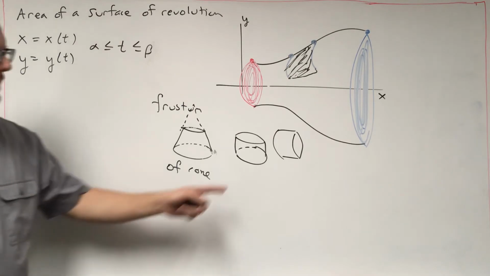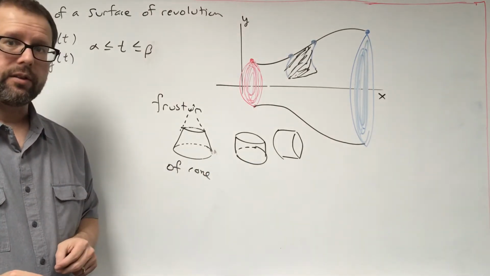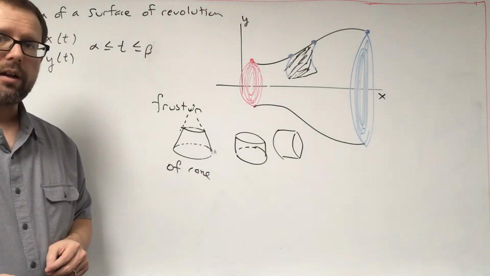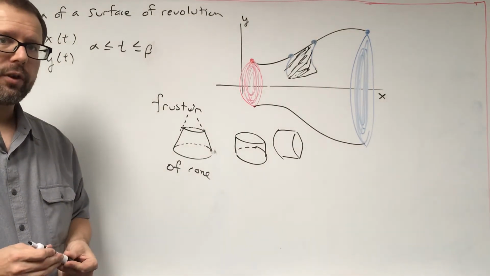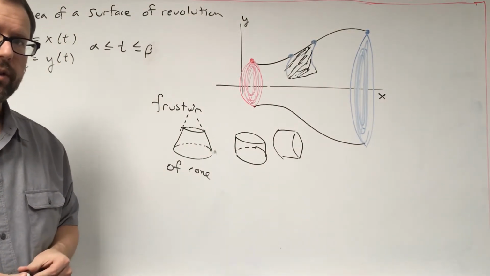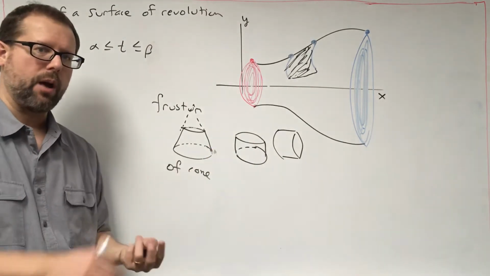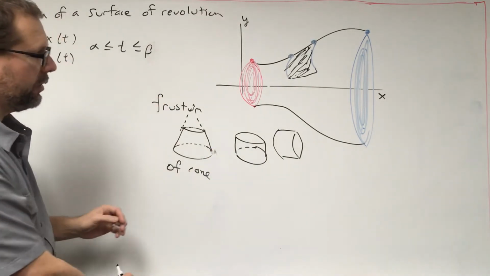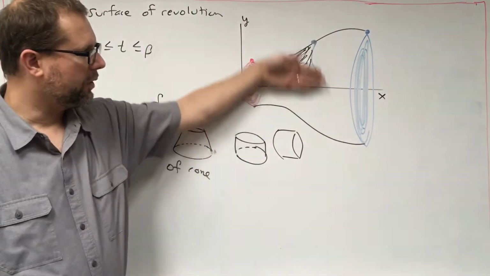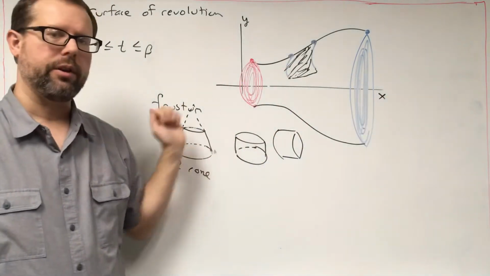So if we were in the simpler case of a cylinder, then we could figure out a formula for the surface area of that cylinder. And by the surface area, I mean just the lateral surface area. I'm not worried about the caps. So if you want to talk about the area of the surface, we're not going to be capping it where the blue and the red are.